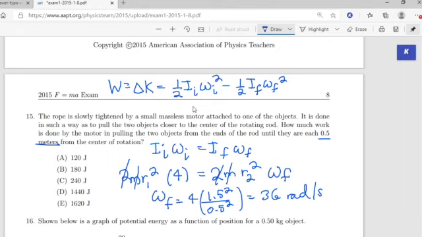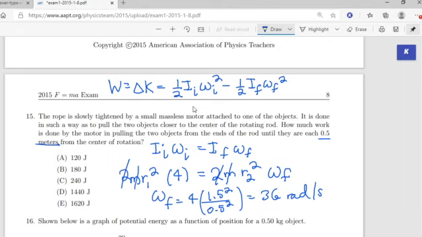So we said that the initial moment of inertia is 2 times m, which is 5, times r squared, which is just 2.25, and I get that right.